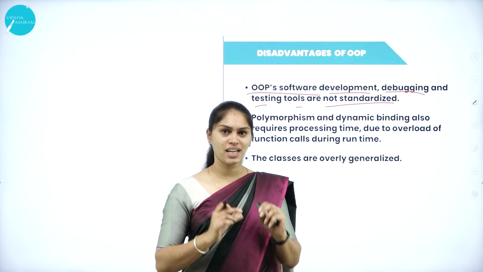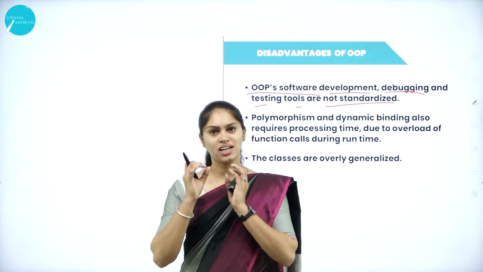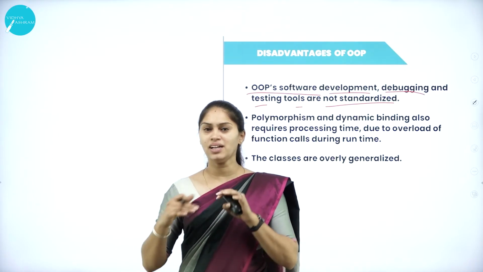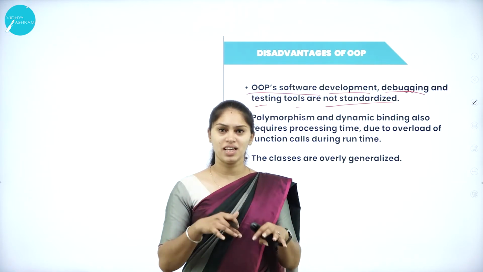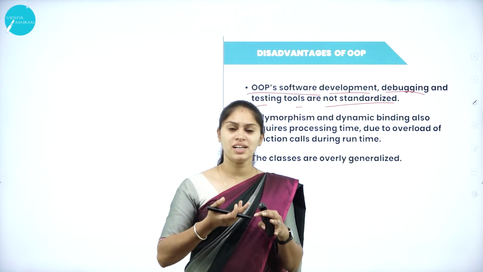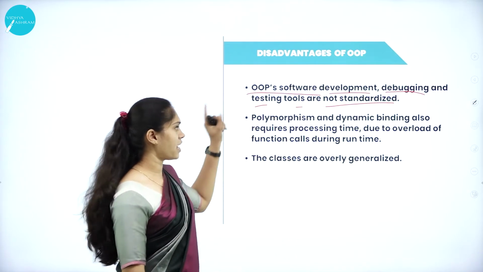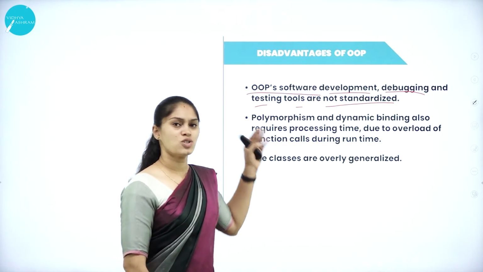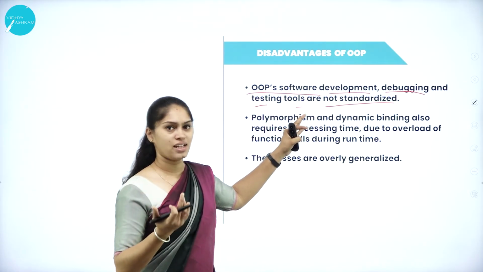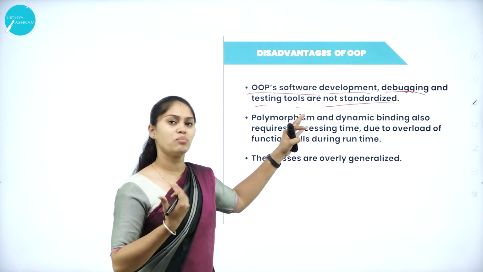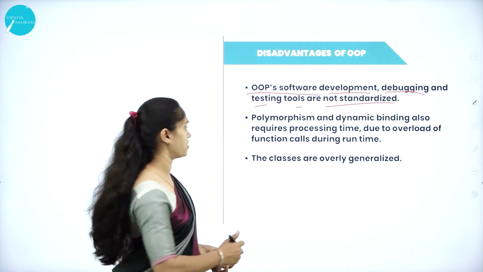In the same way, if there is no standardization in debugging, testing or development tools, users will use the concepts as they wish. That means there can be a possibility of spoiling things. So when the tools are not standardized, it will be overgeneralized, and that is also one of the disadvantages.